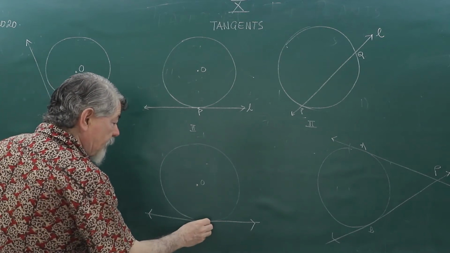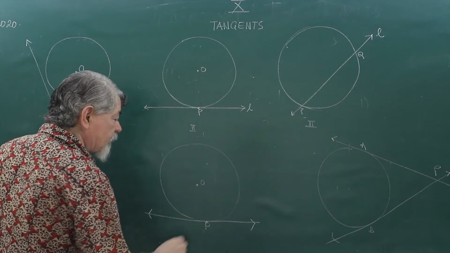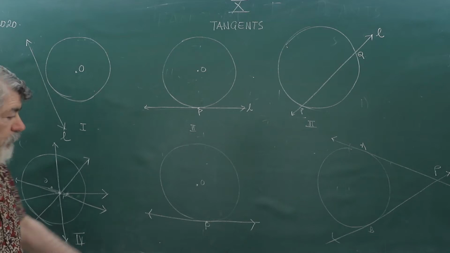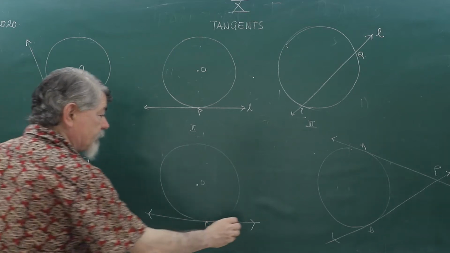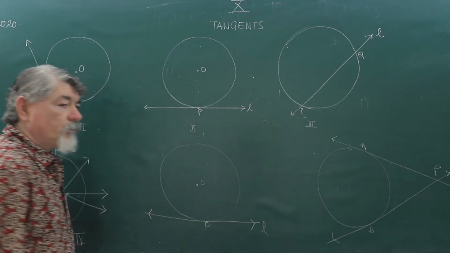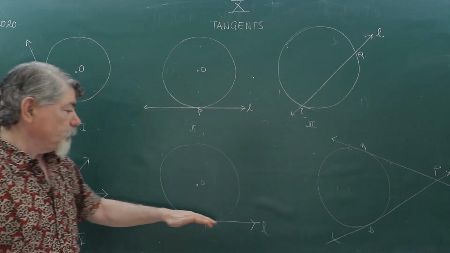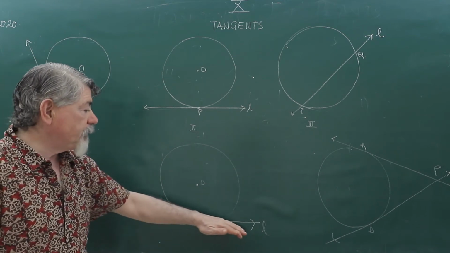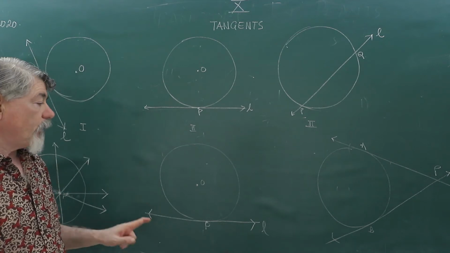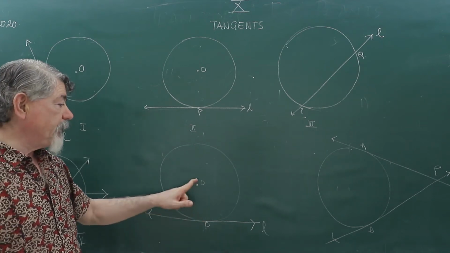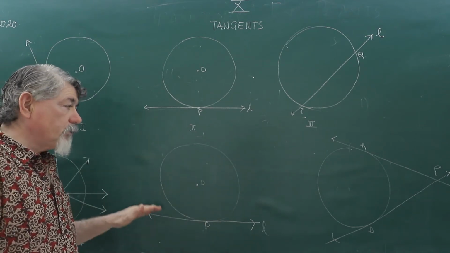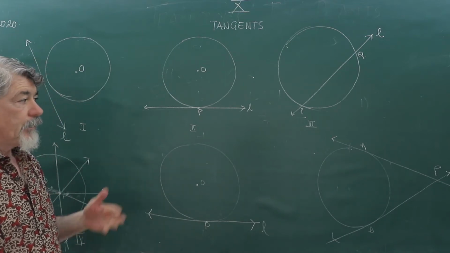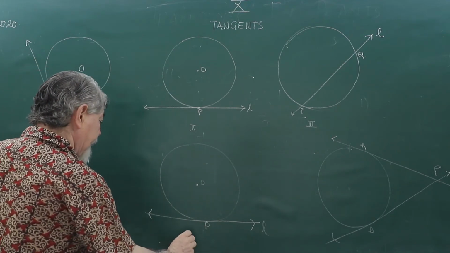If there is a point P on the circumference of the circle, then I can draw one straight line which is called a tangent. Now let us see the sixth figure.